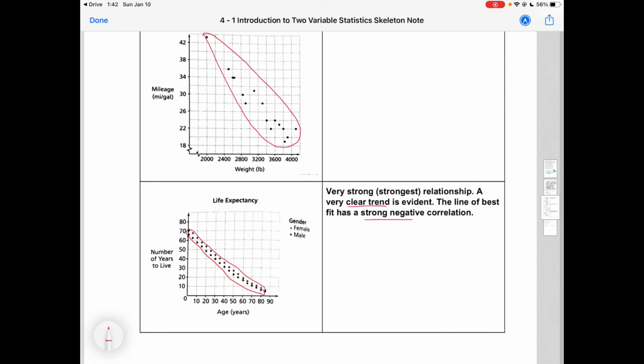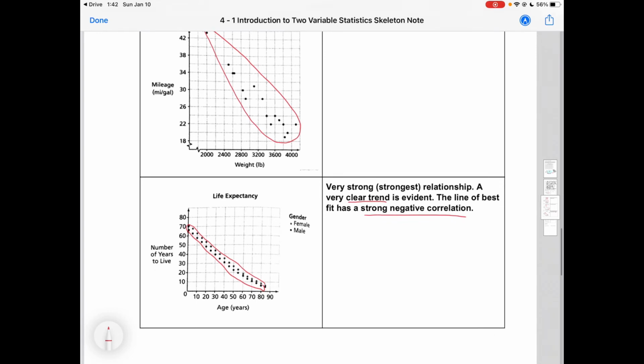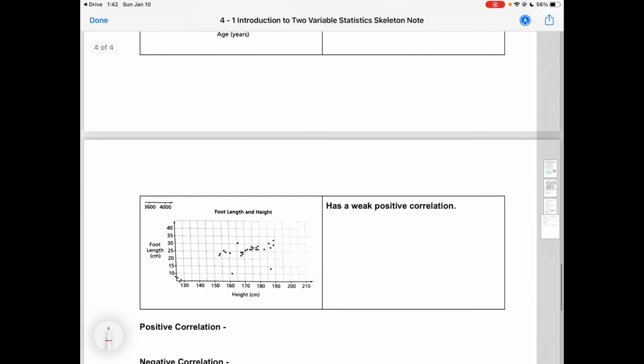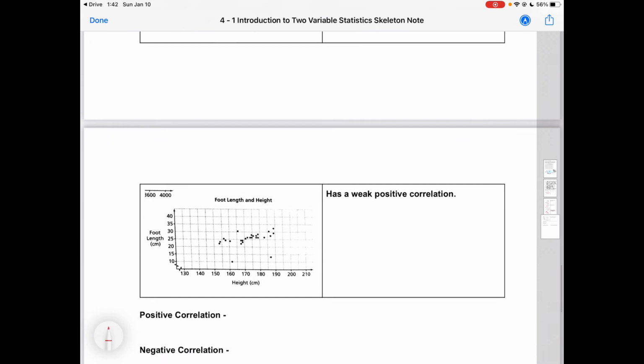This is a very clear trend, and this line of best fit has a strong negative correlation. Going on to my last example, if I draw a circle around my points, ignoring these two as outliers, my bubble shows that my points are rising up to the right very gradually, so this would be a weak positive correlation.